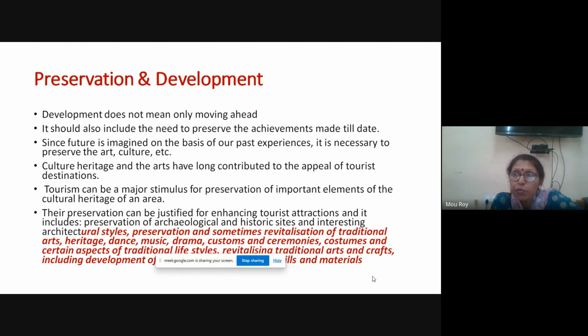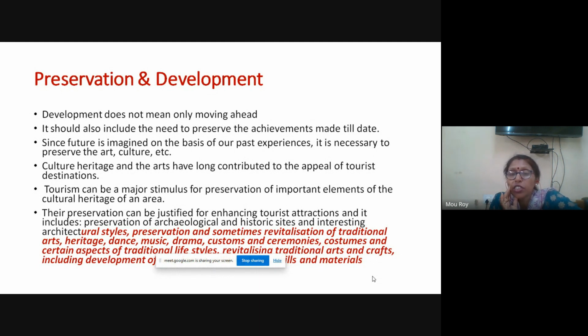But at the same time, tourists should be made aware of that. Only their duties, they are doing the necessary work. But on the other side, we as good human beings, as tourists, should also be aware, should be educated how to preserve the natural beauty of a particular place.